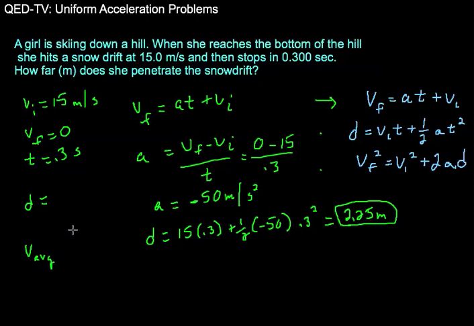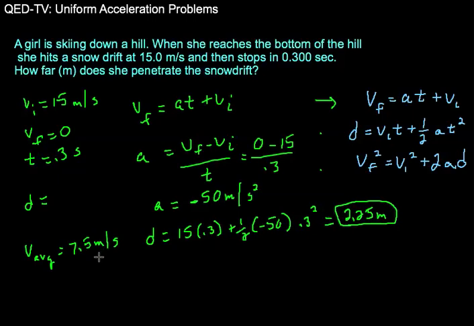We can take the total distance they traveled divided by the time, or we could just average the final and initial velocities. If we simply average the initial and final velocities, that would be the average velocity. So 15 plus 0 is 15, divided by 2 would be 7.5 meters per second.